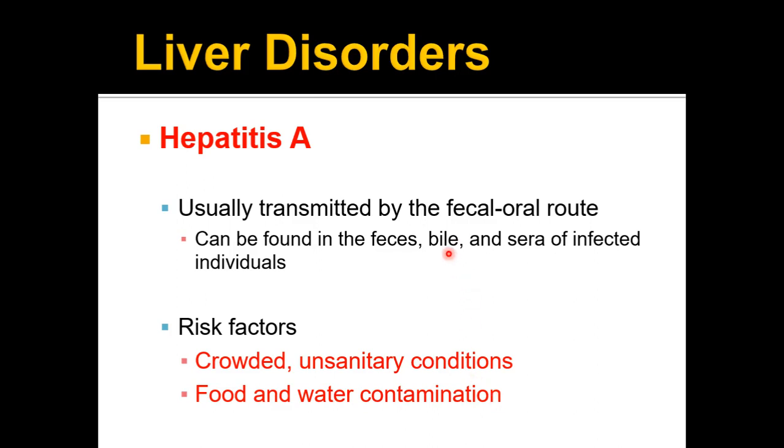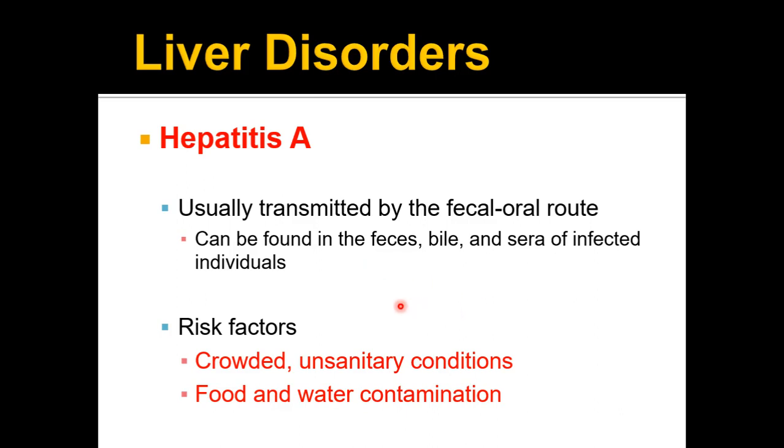So Hep A, self-limiting, transmitted by fecal oral route. So swimming or drinking in water that's contaminated with fecal matter or material, and it gets in your mouth, then that's how Hep A is transmitted.